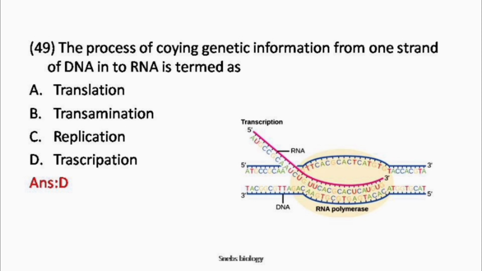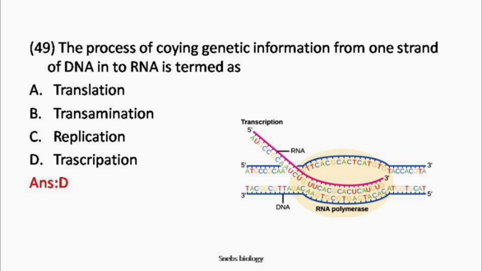Next, the process of copying genetic information from one strand of DNA into RNA is termed as option A, translation, option B, transamination, option C, replication, and option D, transcription. So the correct answer is transcription.